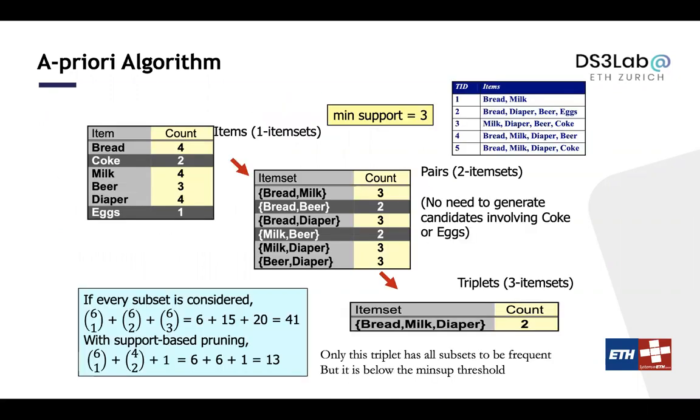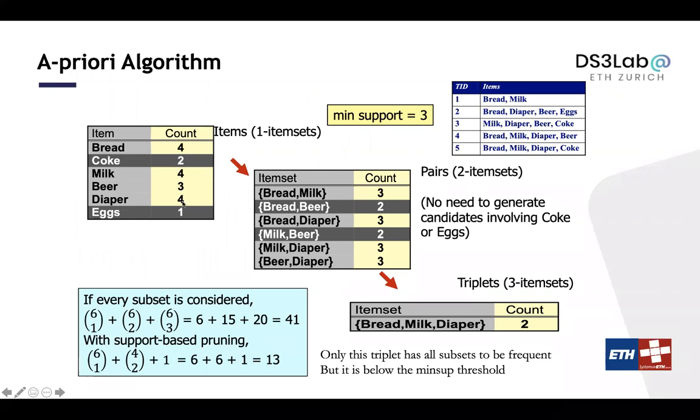So here's one illustration of this. At the very beginning, you have your C1. This is all the item sets of size 1, and for each of those, you can see how many times it appears in my database.